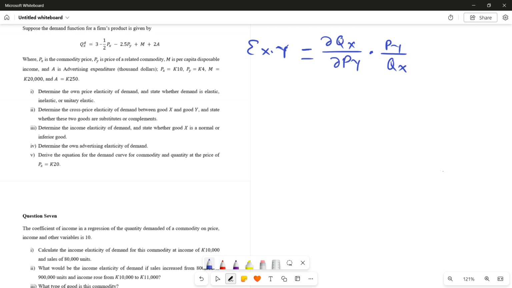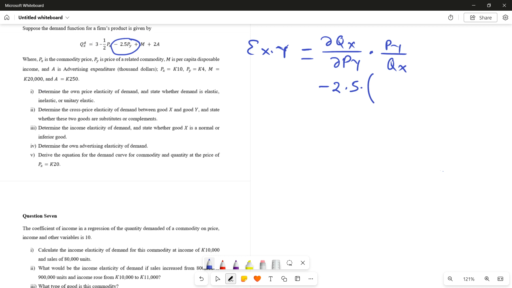Great. I've seen the message. I'll respond. Determine the cross price elasticity of demand between X and Y and state whether the two goods are substitutes or complements. Great. Let's do that. So change in QX over change in PY, you've said that is just going to be minus 2.5. That is after differentiating that term with respect to PY, right?